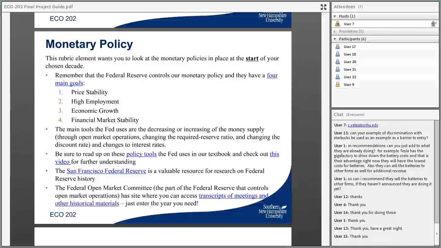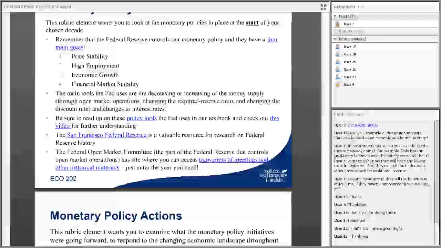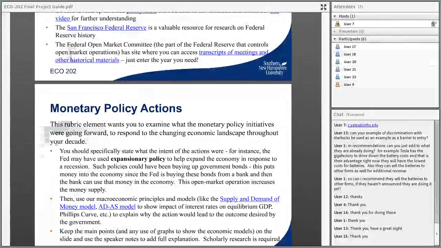Once you have identified the policies for your decade, you have to explain in the speaker notes what the intent for those policies was. What was the Federal Reserve trying to achieve? Right now, they talk a lot about the Federal Reserve increasing interest rates.